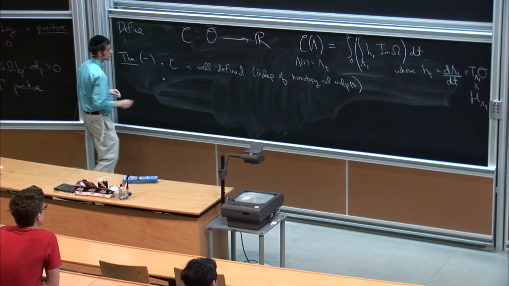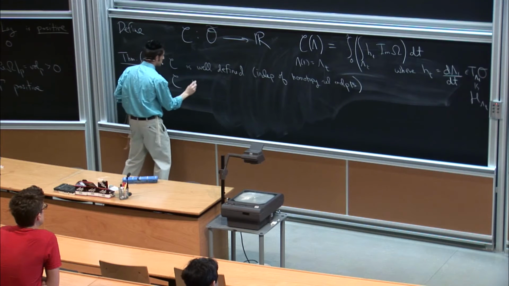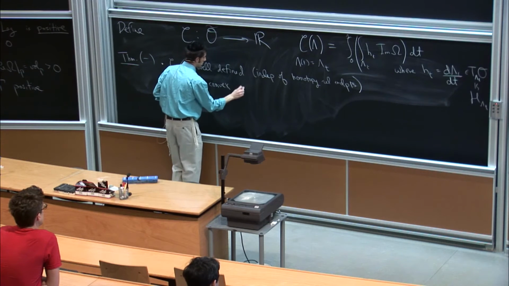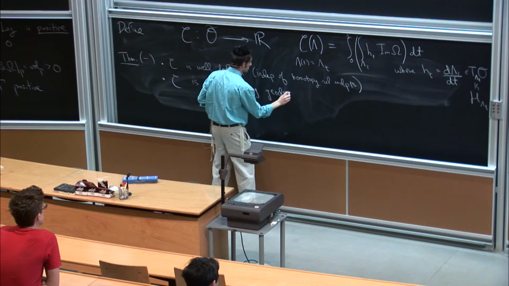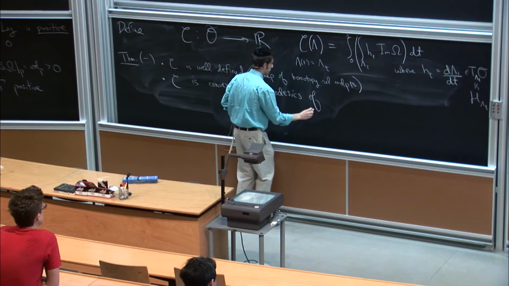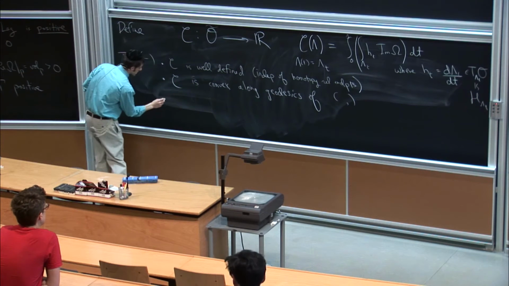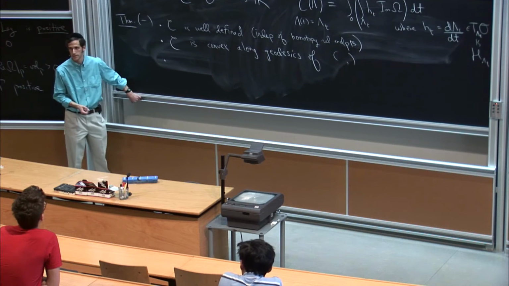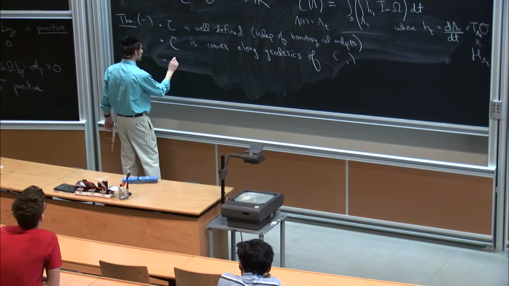Number two, C is convex along geodesics of the metric. And number three, the critical points of C are basically special Lagrangian submanifolds.